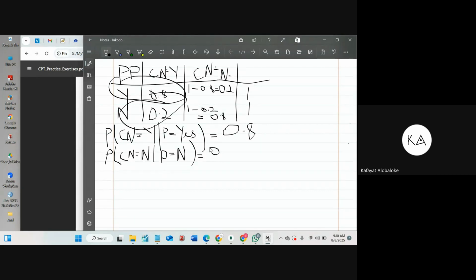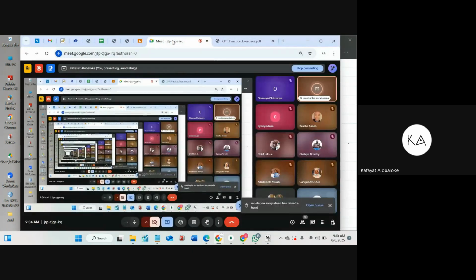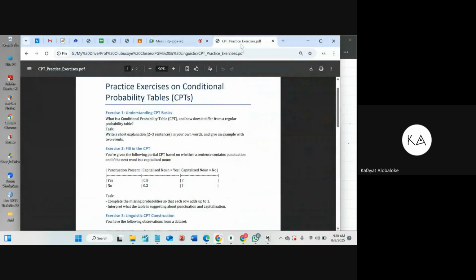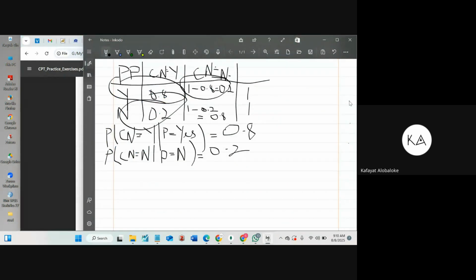That's 0.2, right? And for this, who is going to tell us what this is going to be in probability terms? Okay, go ahead, please. Okay. So it is telling us that the probability that punctuation is present is close to non-capitalized.